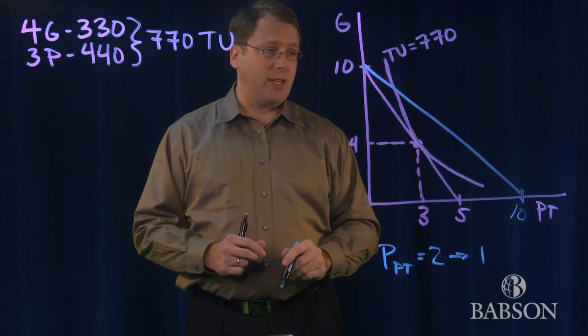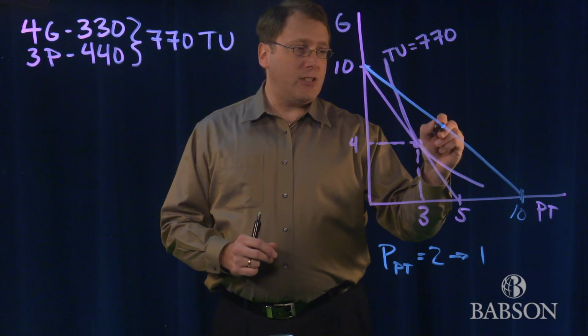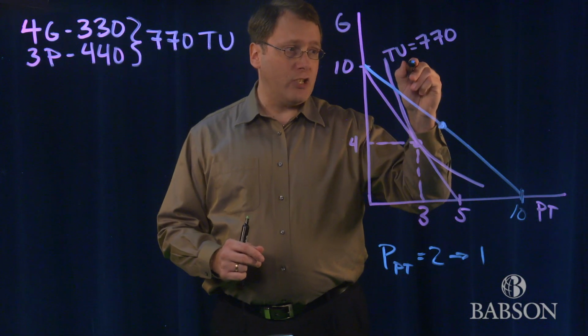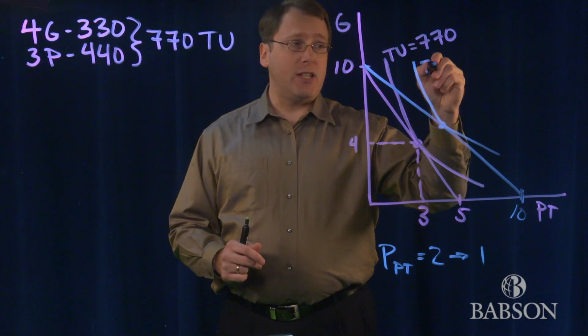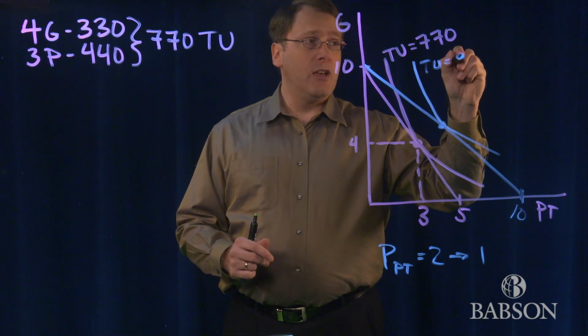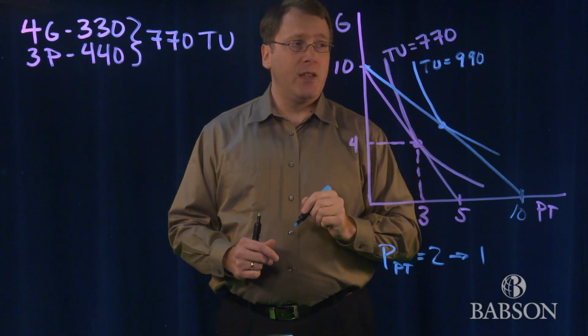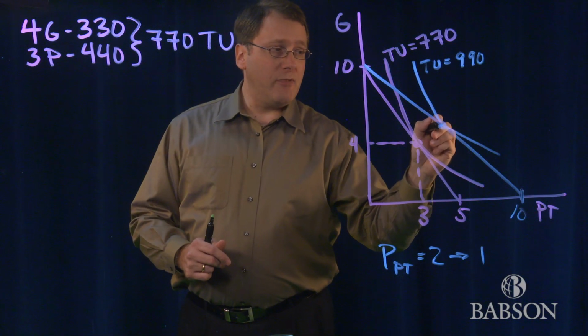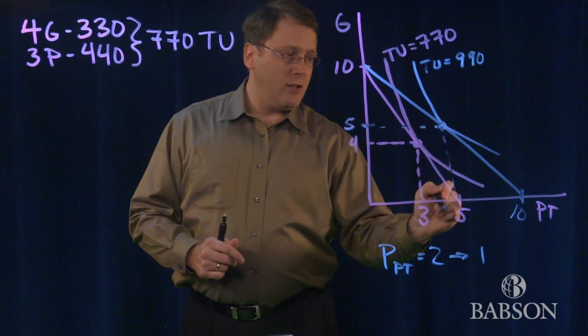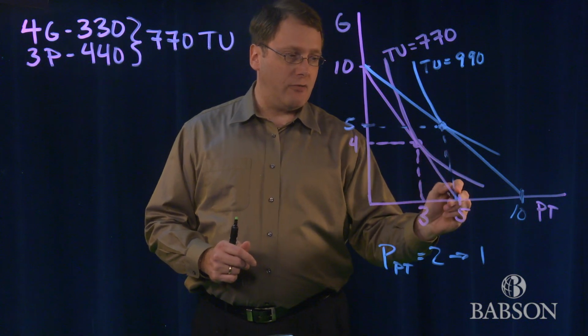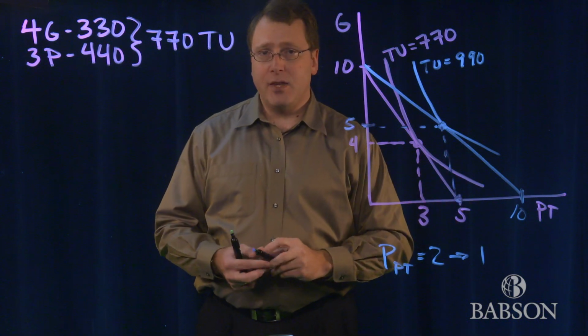That point stays the same. And then we saw that there's now a higher combination of granola and Pop-Tarts that we can afford, and that gave us a total utility of 990. And remember that that came from consuming 5 units of granola and 5 units of Pop-Tarts, sort of down here.